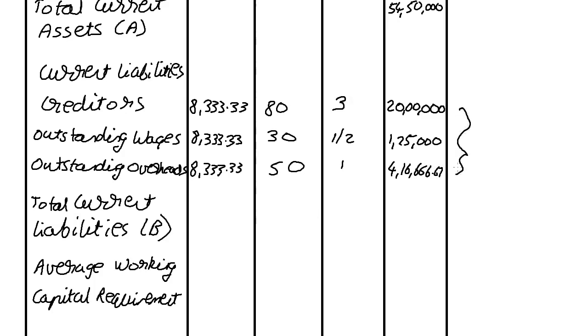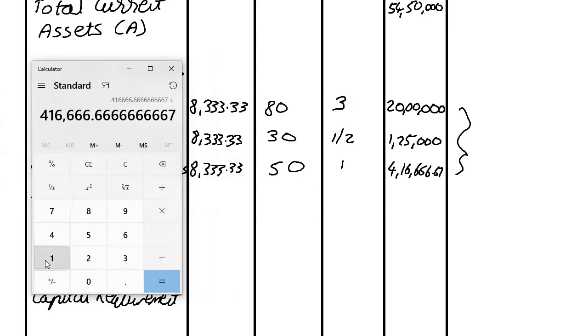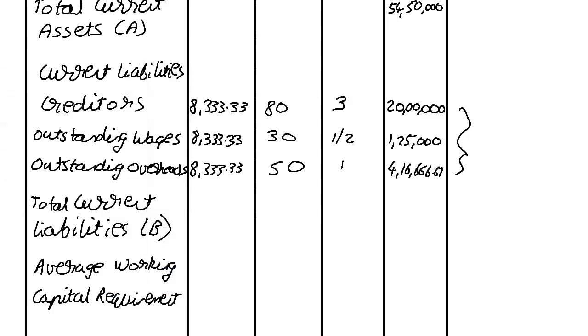And we add them up. So it's going to be plus 1,25,000 plus 20 lakhs. Okay, so 25 lakh, 41,666.67. Okay, and that's my total current liabilities.